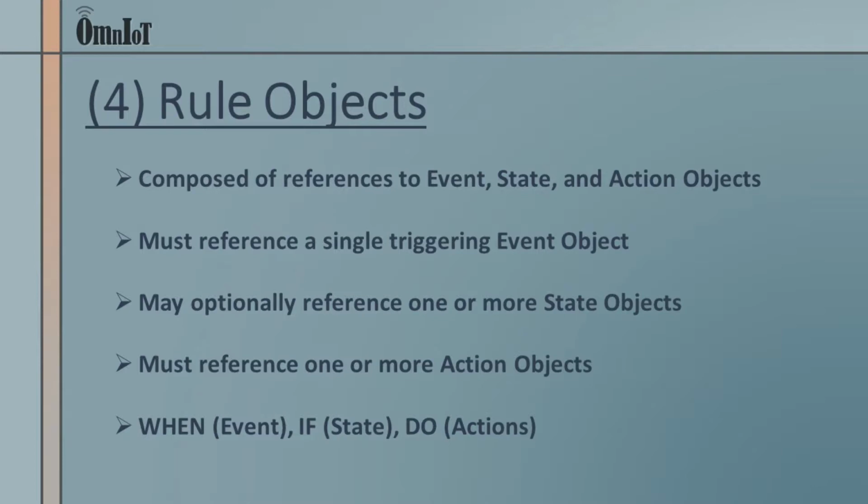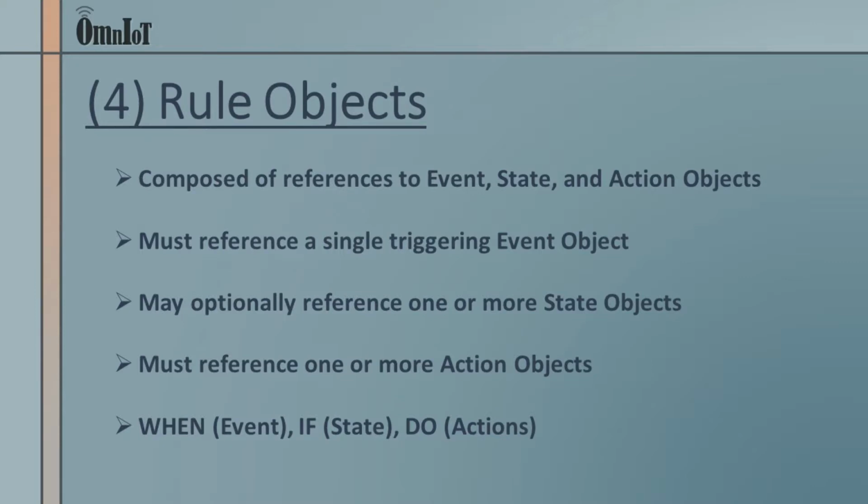State objects may be standalone or may be combined by Boolean logic operators to create complex conditional logic. If present, the conditional state logic tells the rule engine to either continue processing the rule if the state logic is true, or to stop processing the rule and move on to any other rules waiting to be evaluated if the state logic is false.